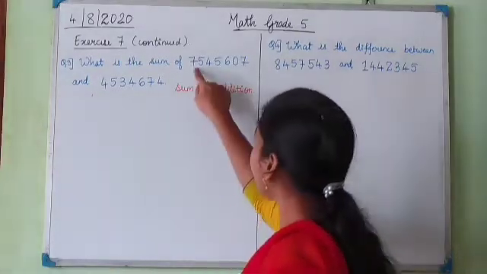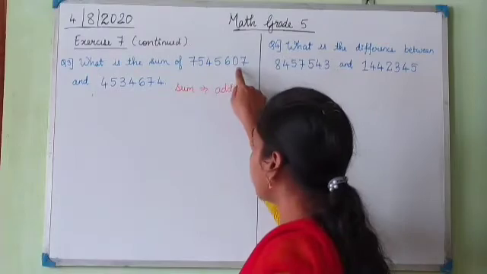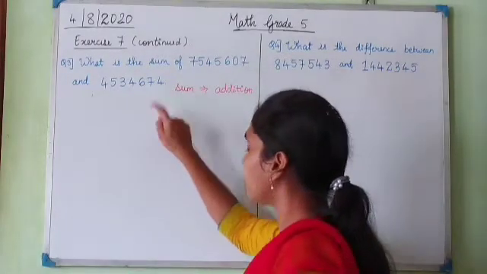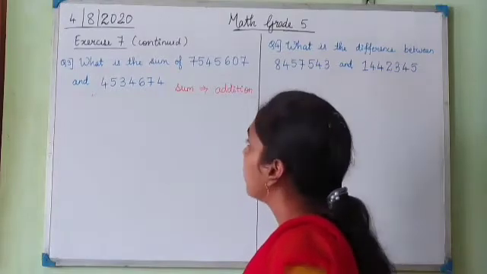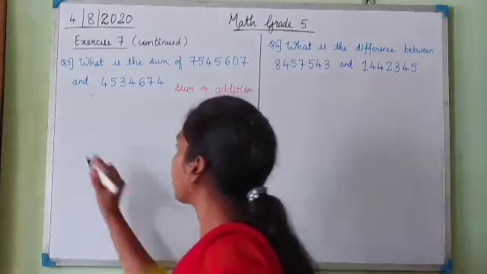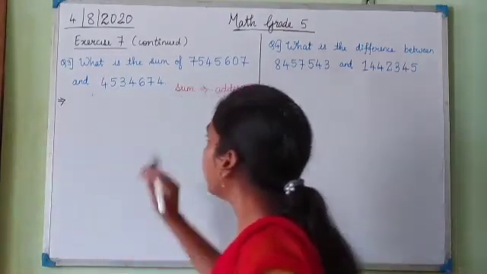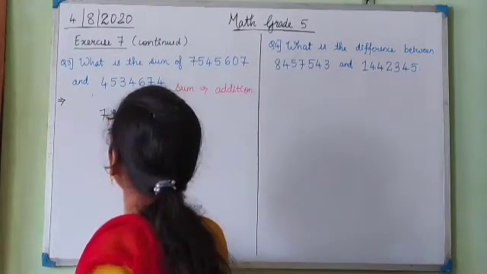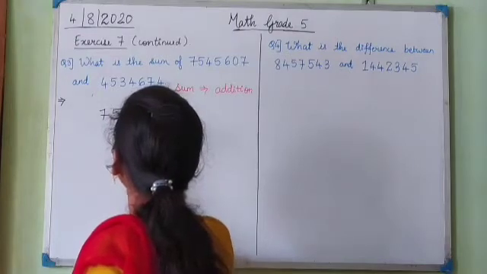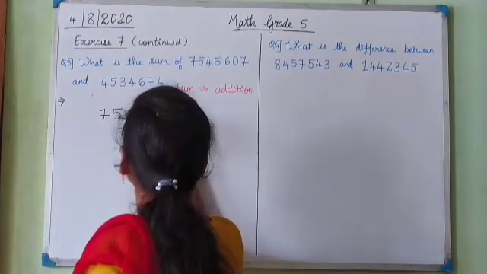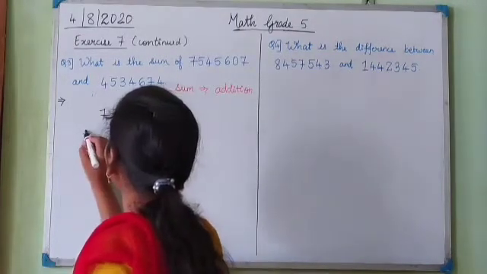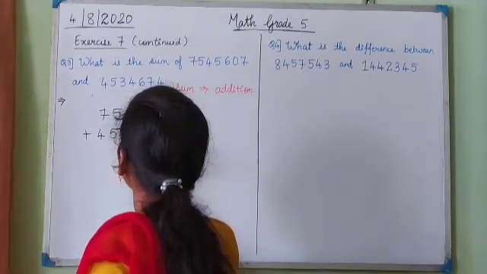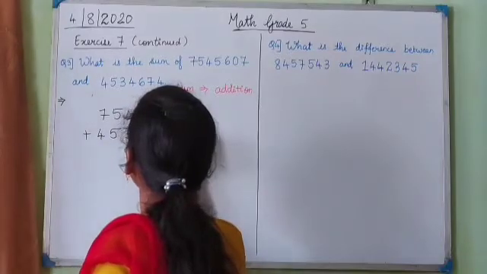The first number is 7545607 and the second is 4534674. These both are 7-digit numbers. So what do we have to do? We have to add the 2 numbers. So I write 7, 5, 4, 5, 6, 0, 7 plus 4, 5, 3, 4, 6, 7, 4.